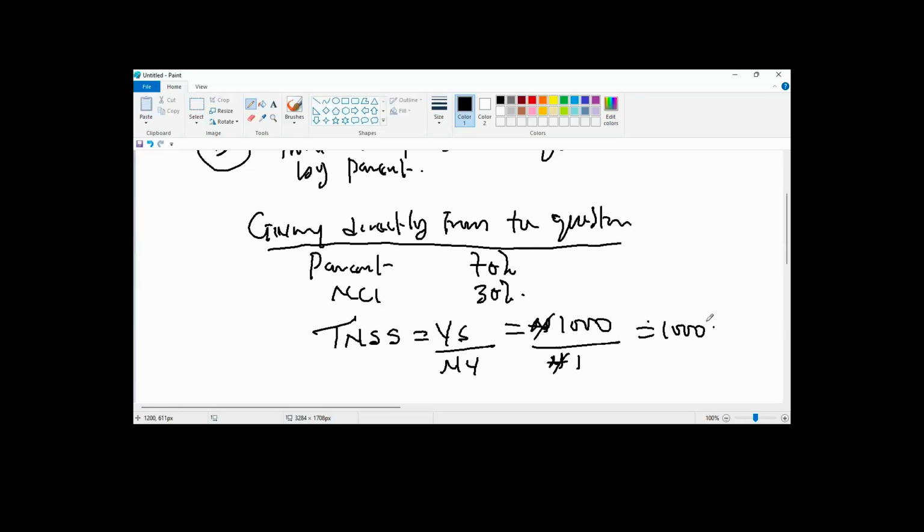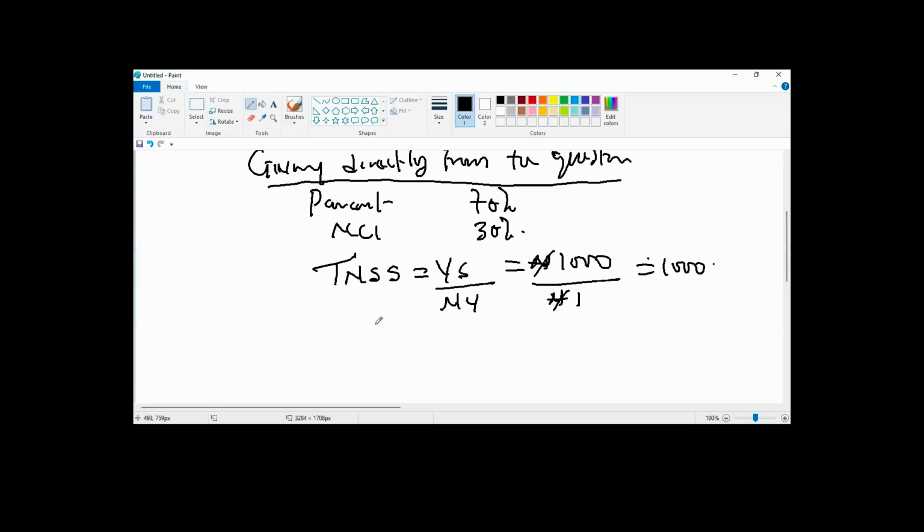1,000. How many does the parent acquire? He acquires 70%. So parent equals 0.7 times 1,000 to give me 700.